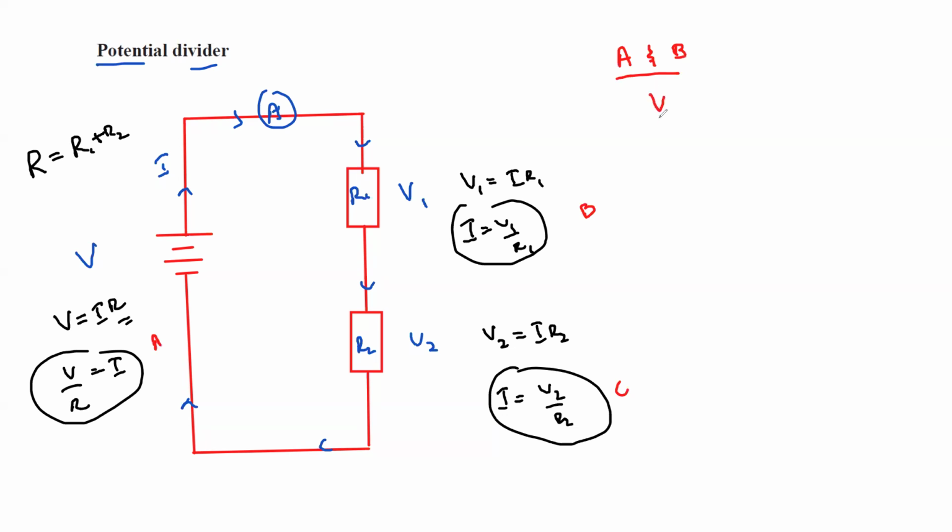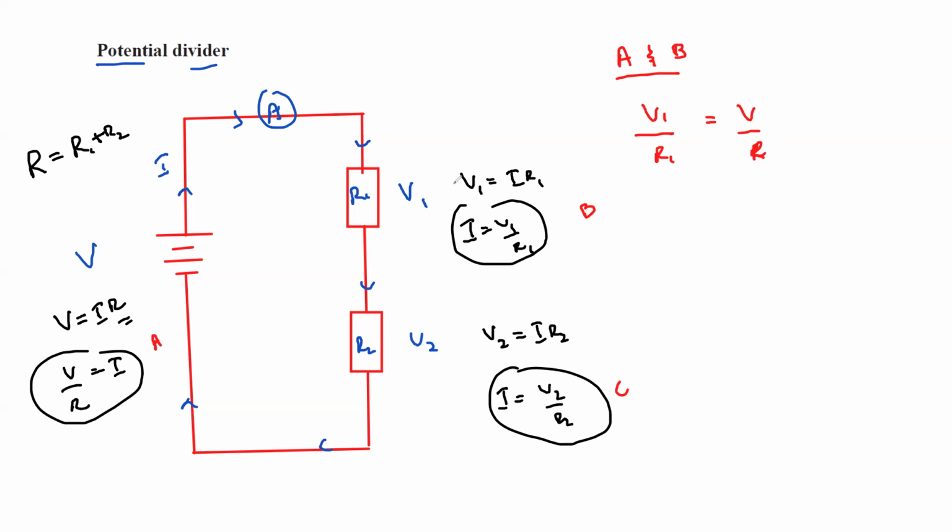Because the current which enters and the current which passes through are the same, I can say V1 over R1 is equal to V over R. The voltage of the first divided by the resistance of the first is the same as the total voltage divided by the total resistance.